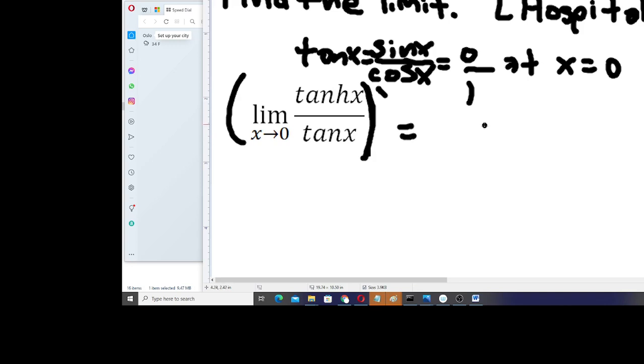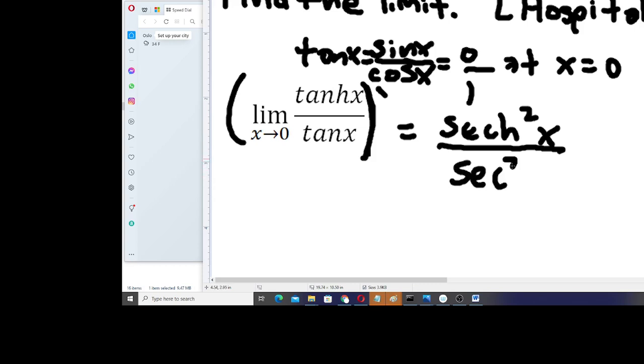So the derivative of hyperbolic tangent is hyperbolic secant squared x, and the derivative of tangent x is secant squared x. So not much of a change from the regular trig functions.